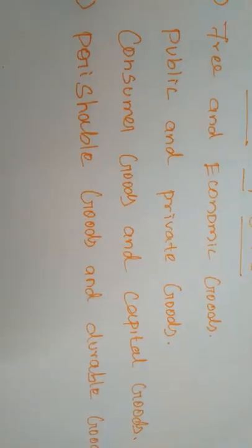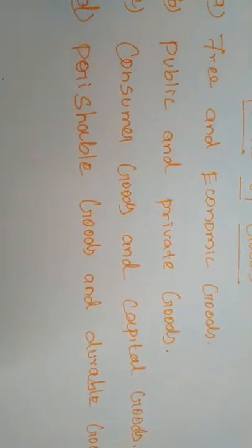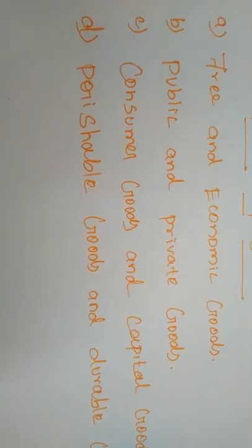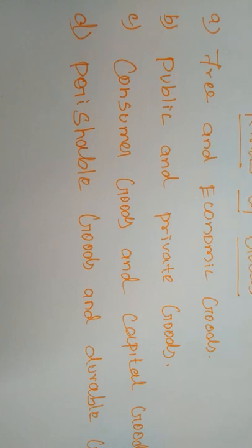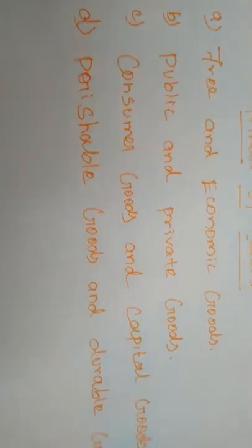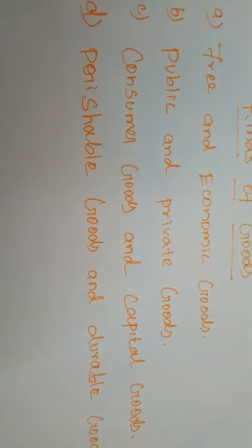Next, capital goods. Capital goods don't directly satisfy consumer wants, but they help to produce consumer goods. The producers want to produce consumer goods, and for that purpose some goods are needed. For example, the JCB, the computer, and some machineries. Without machineries, no producer can produce consumer goods.